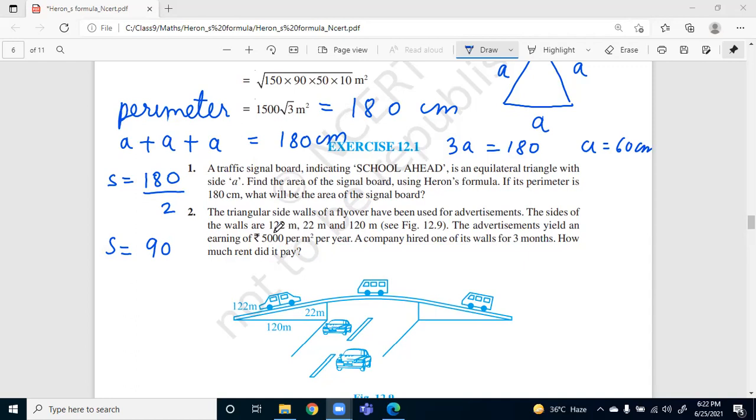So please write a is equal to 122 meter, b is 22 meter and c is 120 meter.